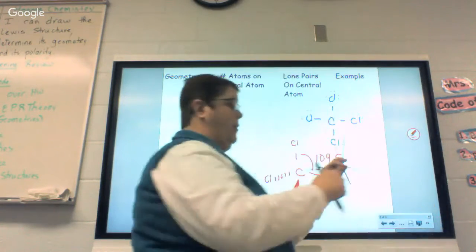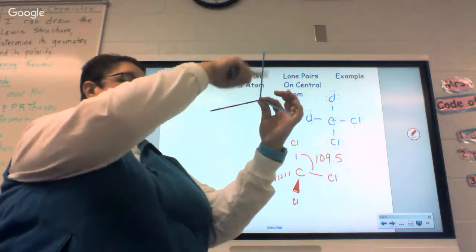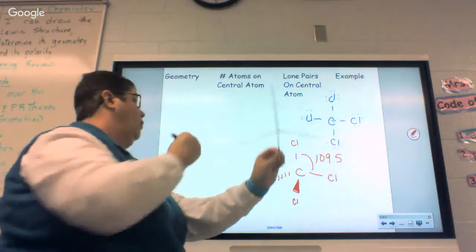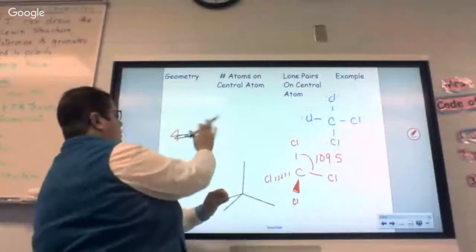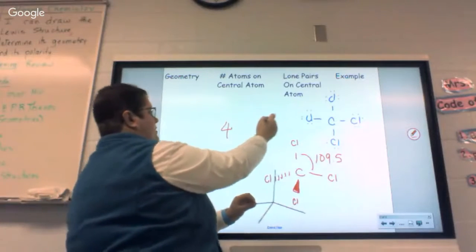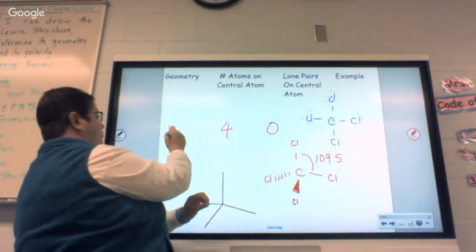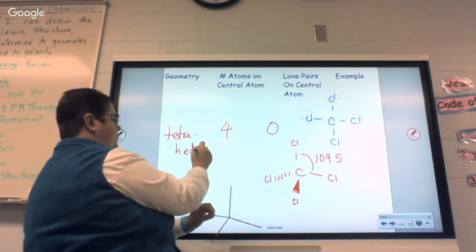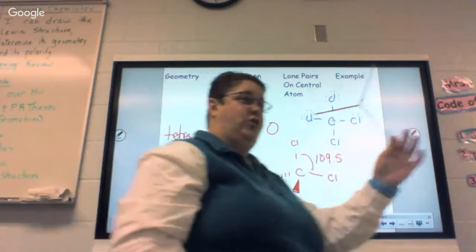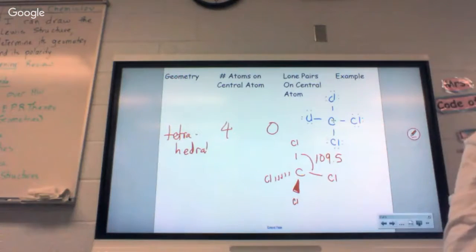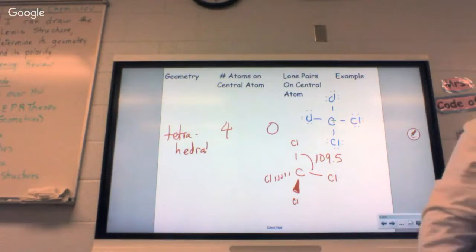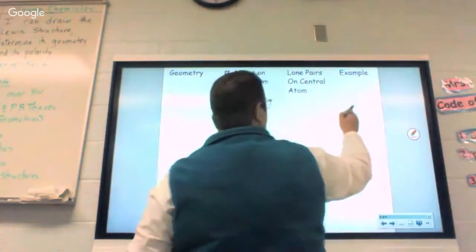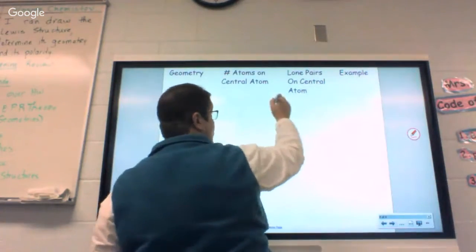Okay, so how many different atoms do I have attached to it? I have 4. So 4 and 0 is tetrahedral. Tetrahedral, and it's written on your sheet. Everybody see that? Now, the next one, really the next 2, are your 2 that are beyond the norm.